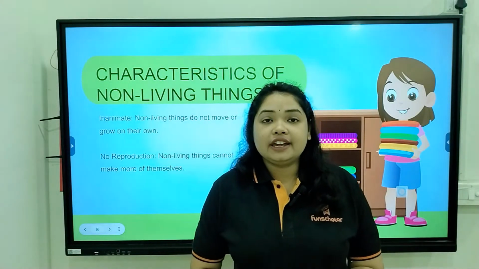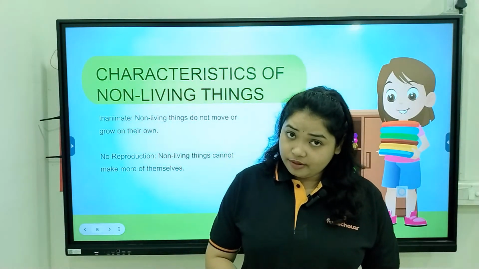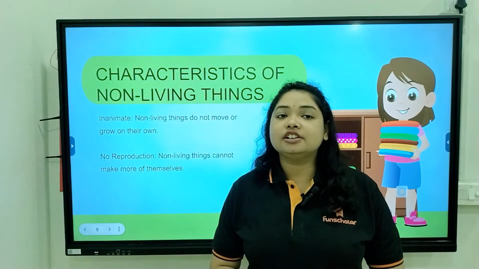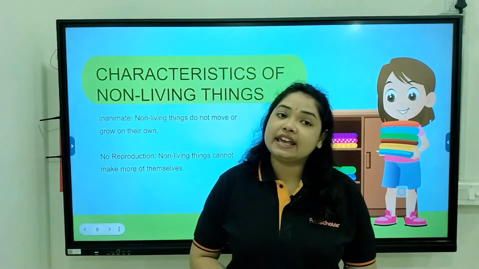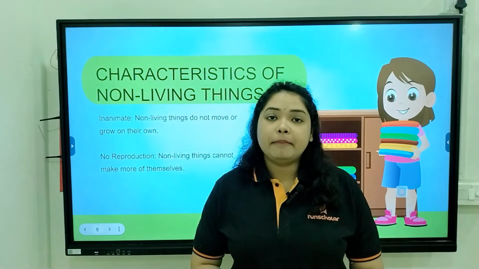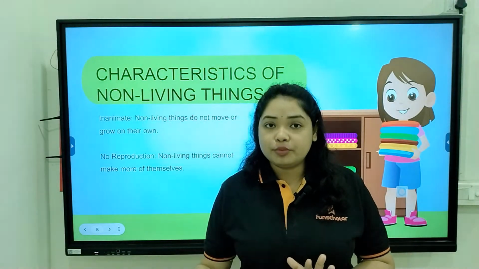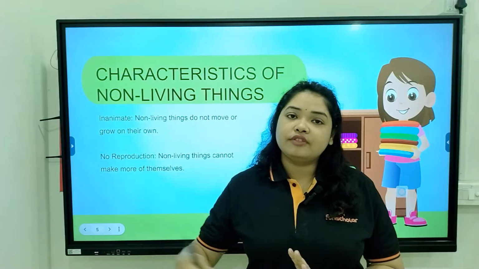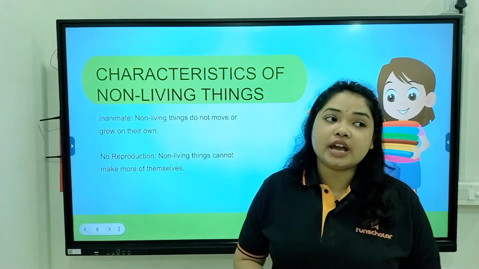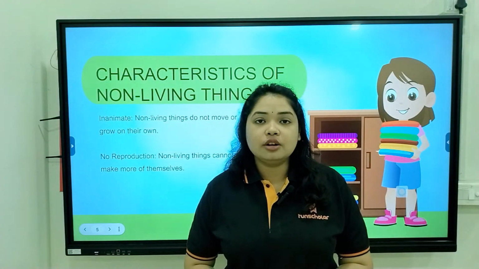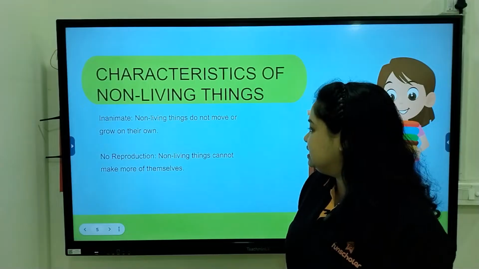If I would like to change the length of the table, I can either shorten it by cutting down the length, or I can elongate it by adding another piece of wooden block. So they are growing because we are making them grow. It's not their individual property.